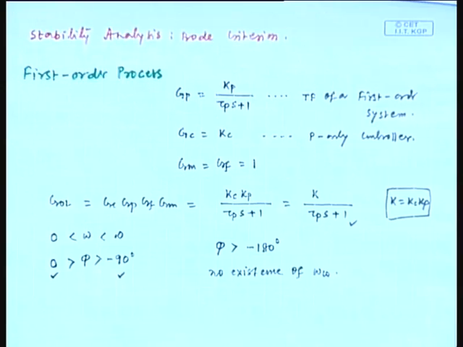Stable. If there is no crossover frequency, then the system always remains stable. So, for a first order system, the process always remains stable irrespective of the Kc value. Only thing is that if you consider large Kc, then oscillations will be more, but there is no instability problem.